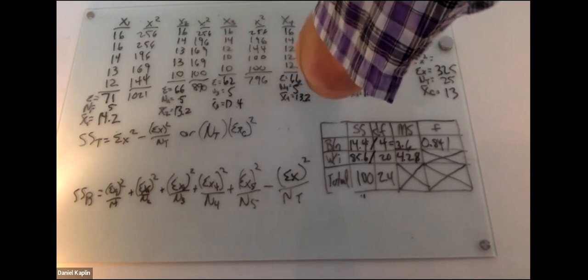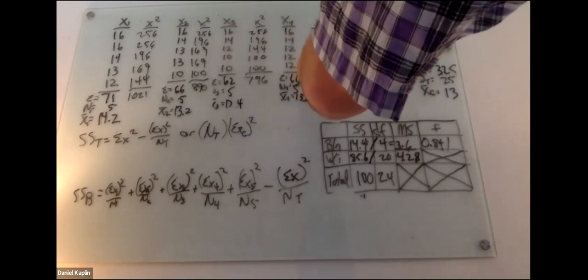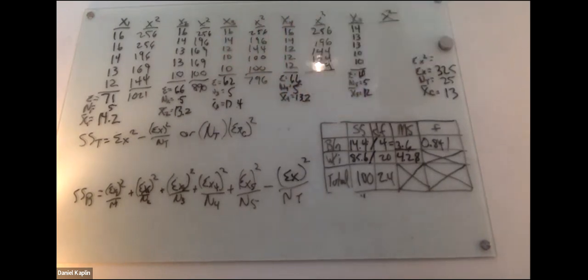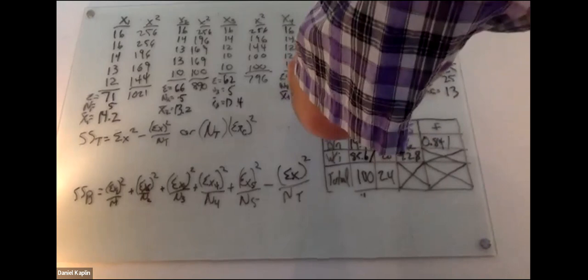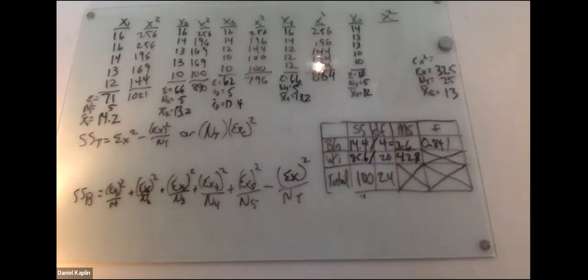And we have 144, 144, and 144. So if we add that up, we should get 884.